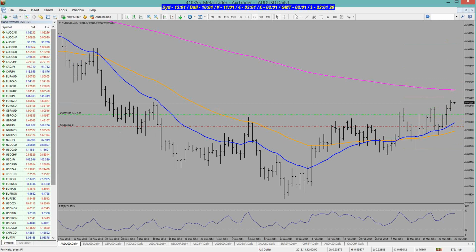Let me just put that low on there. That seems like a reasonable target if you're going to have a target, because that's your 1.618 as well. That's probably where you'll be looking to get out. So I don't want to get out too early on Glenn Stevens' announcement, and so we'll just sit that.